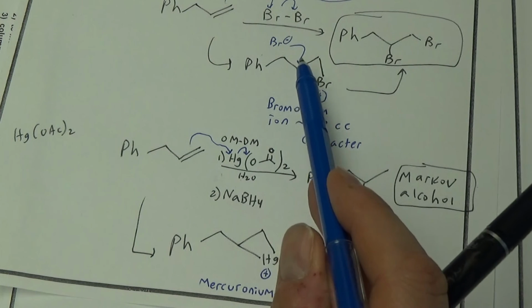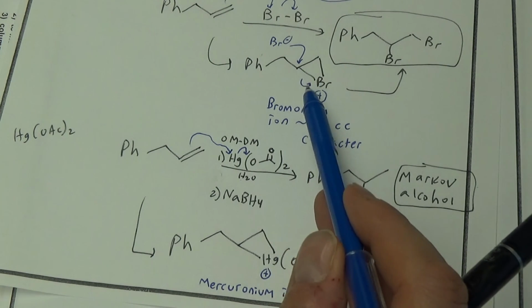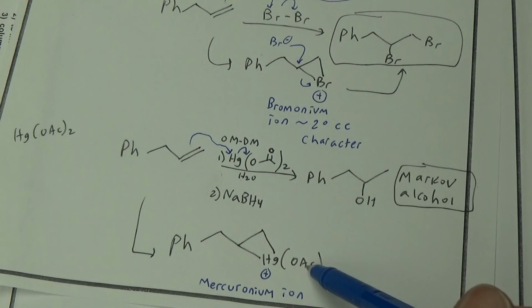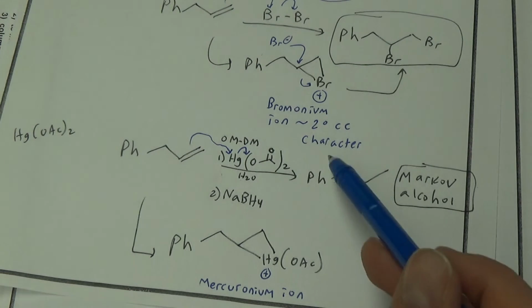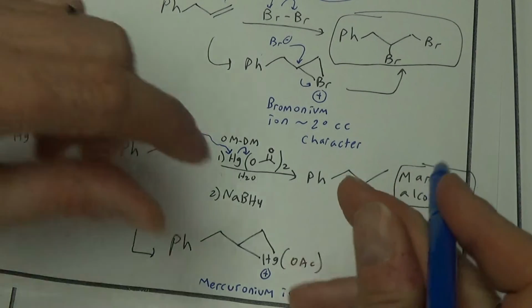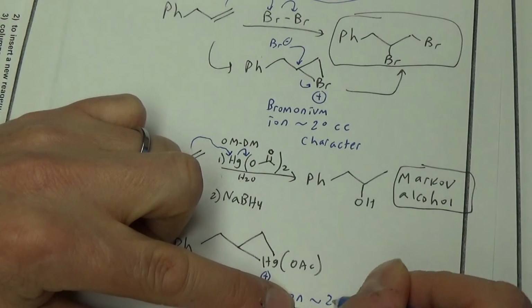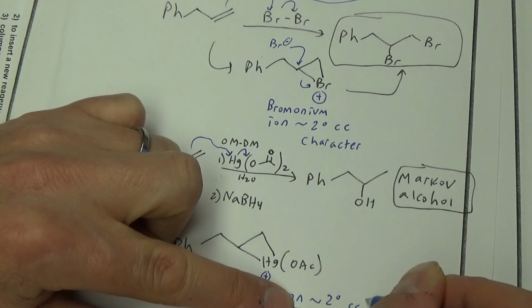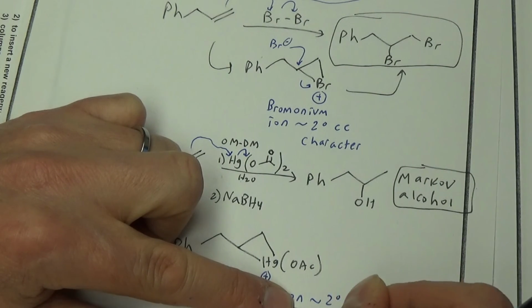And the bromonium had secondary carbocation character. So the bromine would attack the secondary position and open up. This one, is it primary carbocation character or secondary? Well, it's the same. These are very analogous. So this also has secondary carbocation character.